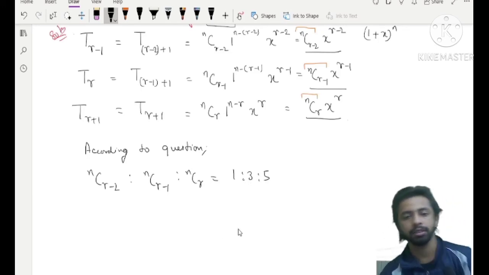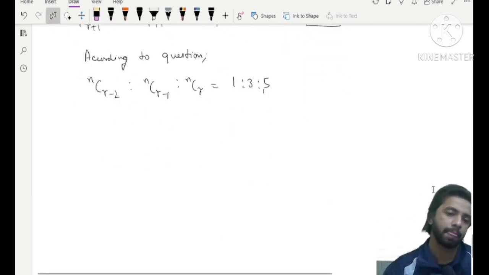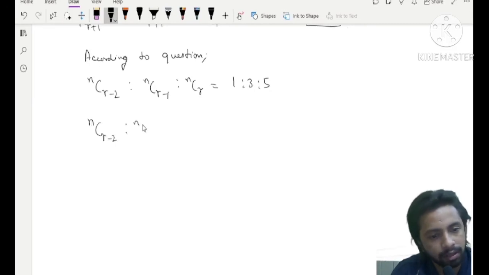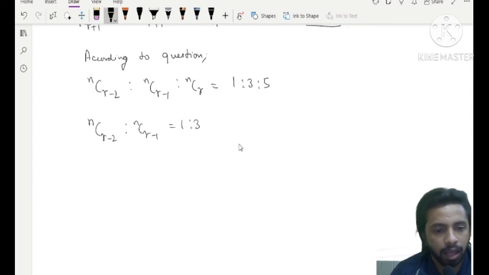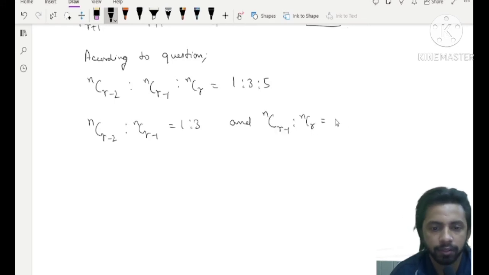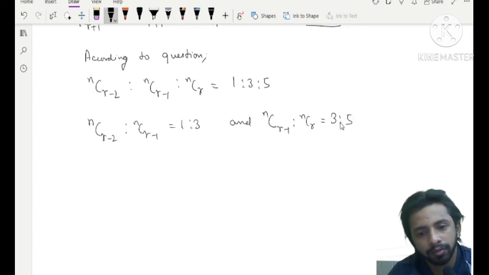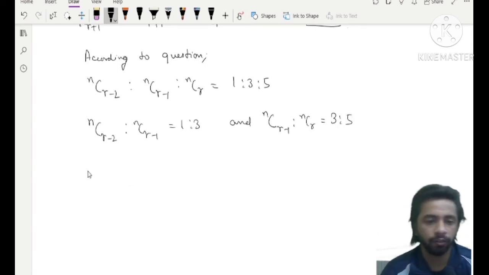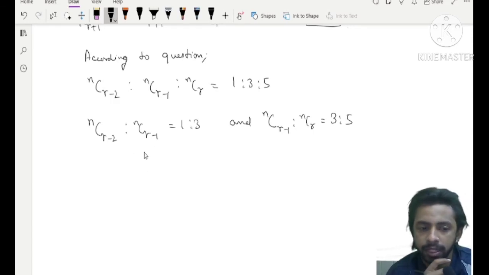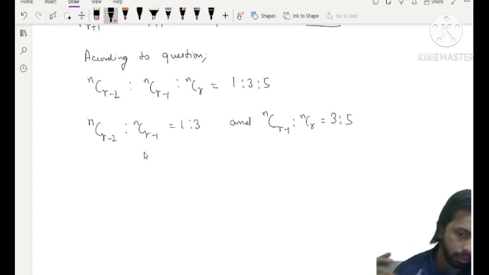From this we can split this ratio. ncr minus 2 is to ncr minus 1 will give you 1:3, and ncr minus 1 is to ncr will give you 3 is to 5. So we'll solve both the cases and we'll get simultaneous linear equations in terms of n and r. Then we have to solve them.